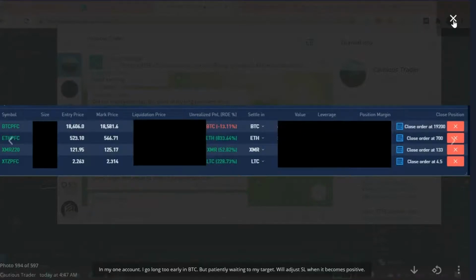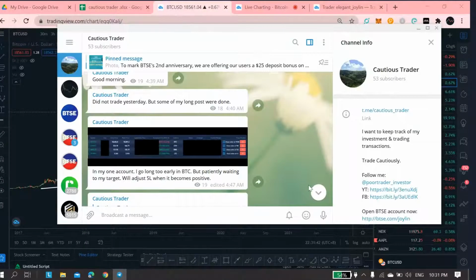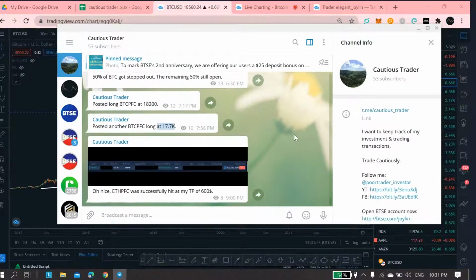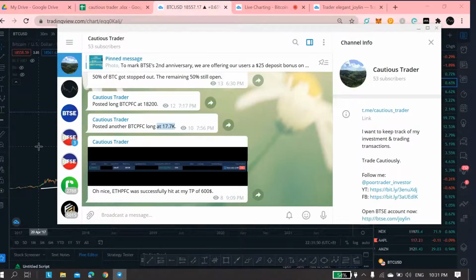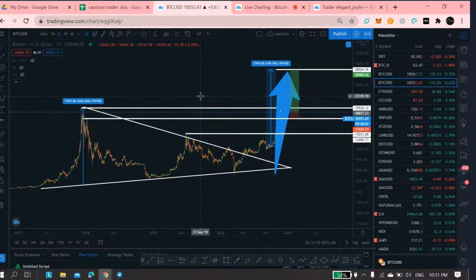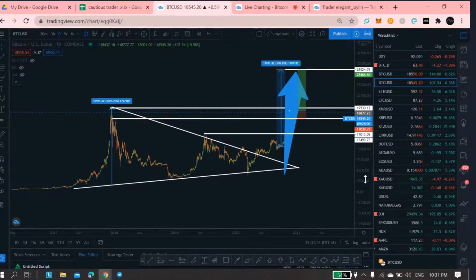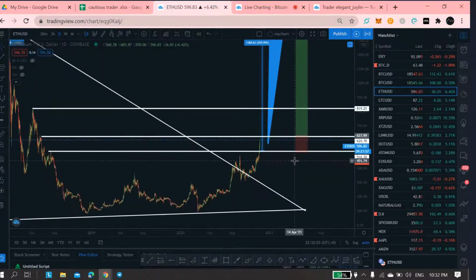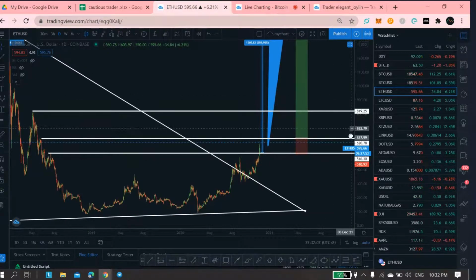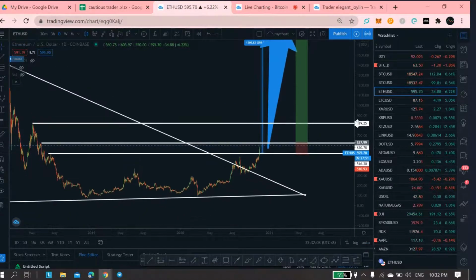I think I did not include it here, with a TP area at around 20,000, because I have 3 accounts in futures. So there you go, guys. Yay! Actually, my order here was hit at 600. So let's wait for a pullback before I go long.